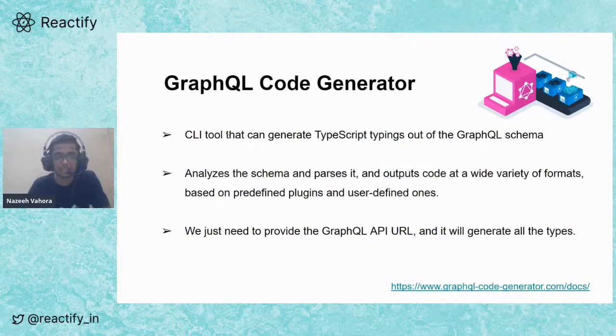It analyzes the schema, parses it and outputs code in a wide variety of formats based on predefined plugins and user-defined ones. The specialty of this GraphQL Code Generator is we just need to provide a GraphQL backend API to it, and it will generate all the TypeScript types for our queries and mutations.